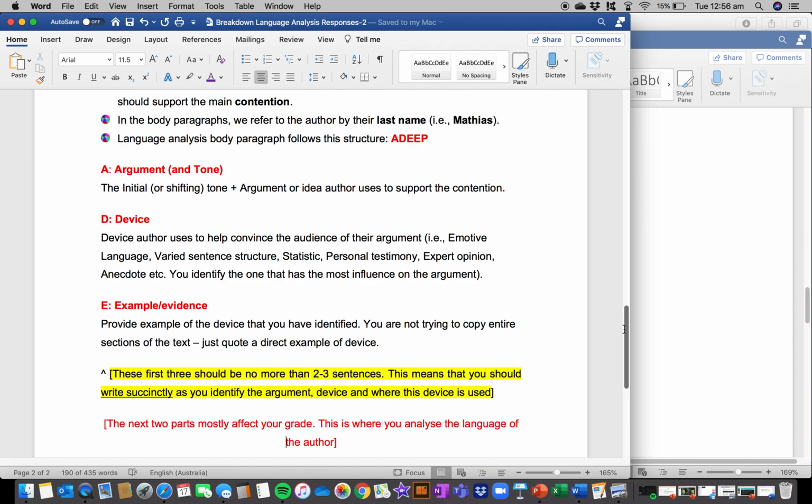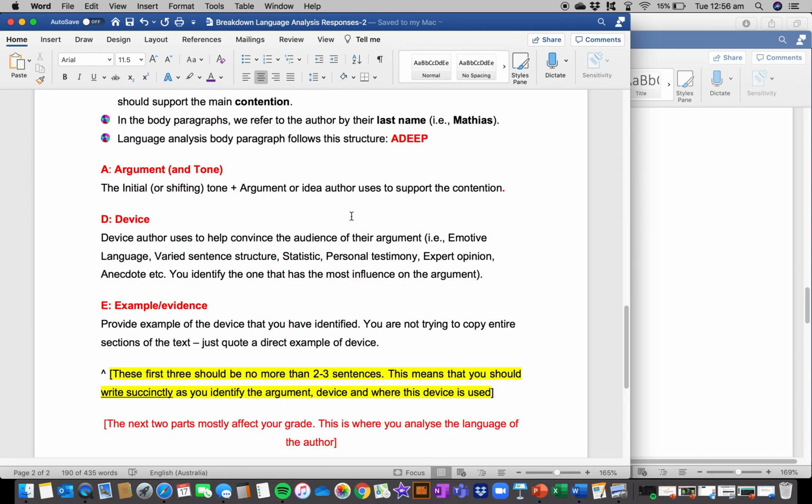So as I've mentioned, you will be required to write 3 body paragraphs. We need to identify 3 arguments from the text that we are analysing, and we're going to look at that in a moment. We then need to look at the device. Now, the device is what the author uses to help convince the audience of their argument.